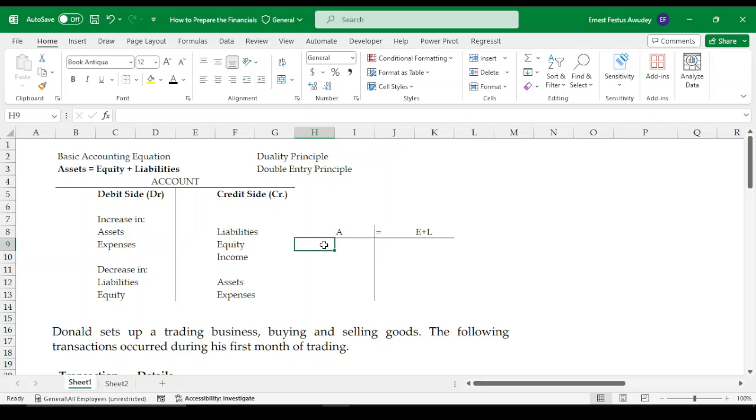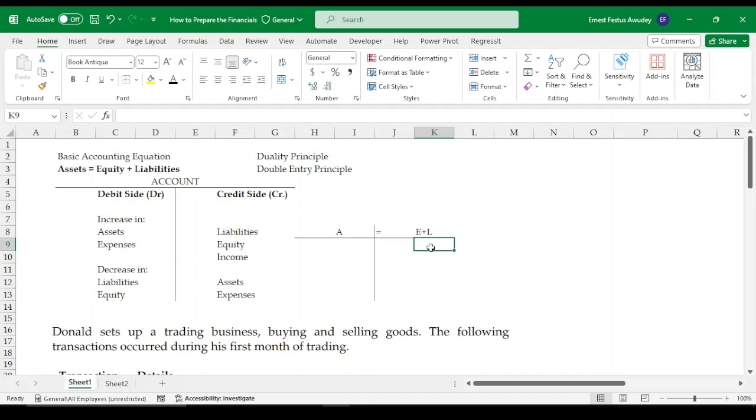All right, it's going to be put at the asset column, as you can see here, and that is the left side of the account. Then any increase in equity and liabilities, or capital and liabilities, is also going to be put at the right side of the account, as you can see there. All right, that is the reason why increases in assets are debited and increases in liabilities and equity are credited.